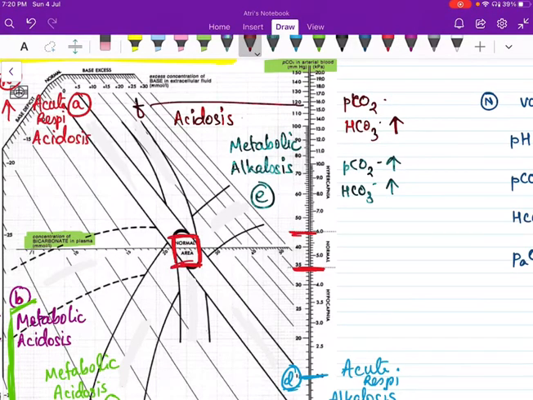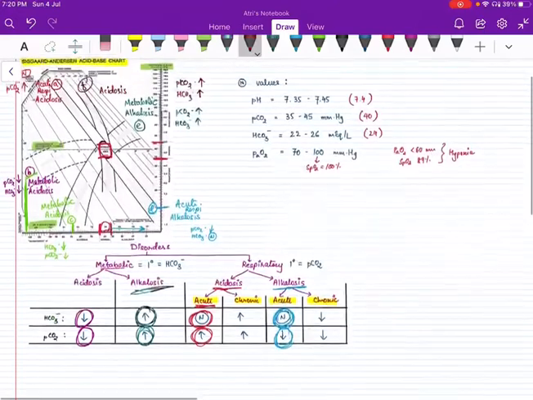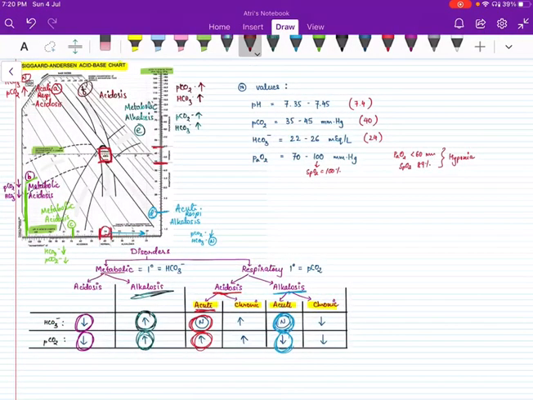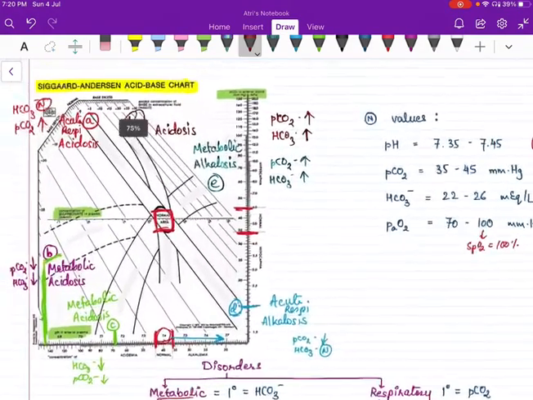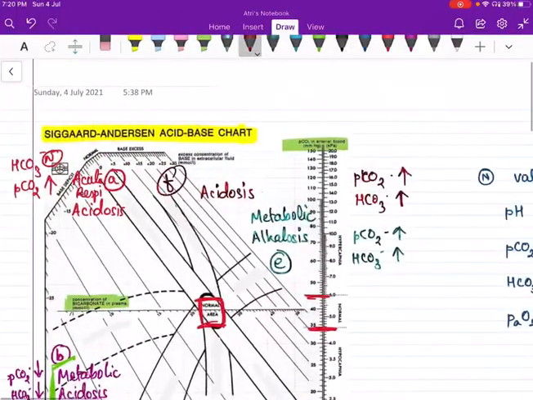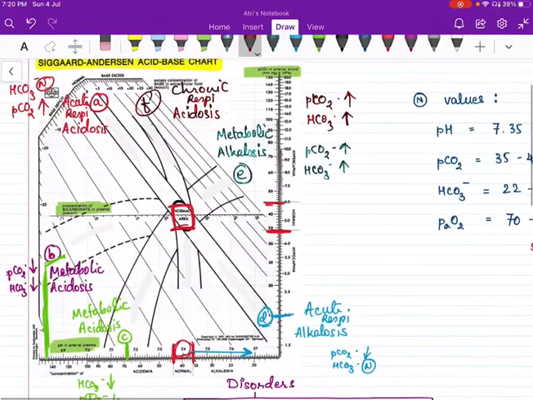What about PCO2? PCO2 is also increased. Now, in our chart, which acidotic condition has raised PCO2 and raised bicarbonate? Acidosis, raised PCO2, raised bicarbonate. So this is chronic respiratory acidosis. Why chronic? Because compensation has taken place by increasing bicarbonate. So as you can see here, the pH is also towards normal physiological pH.